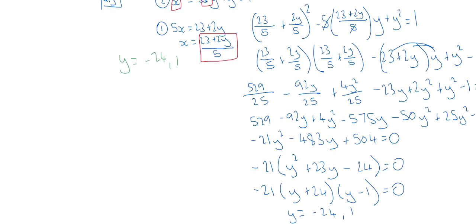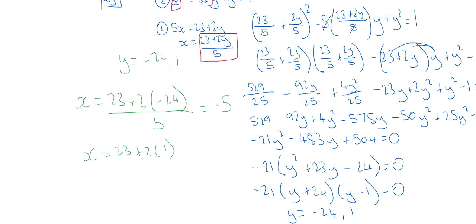All right, so x equals 23 plus 2 times negative 24 all over 5. And if you type that into a calculator or do it in your head, you will end up with negative 5. And then if you say the other, 23 plus 2 times 1 all over 5, hopefully you can see what is going to happen here.